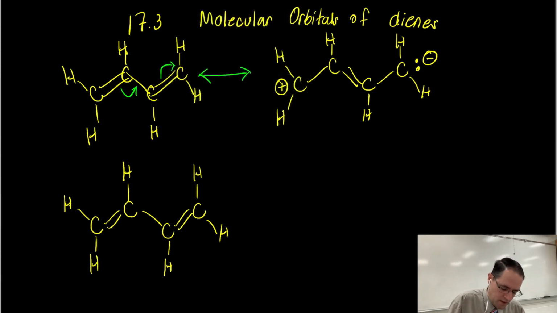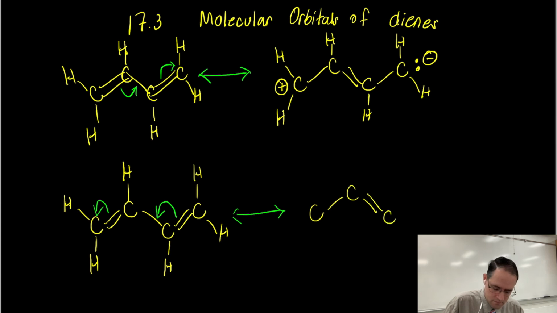And if I move the electrons from right to left, I can get a similar type of resonance structure. But now the carbocation is on the right and the carbanion is on the left.